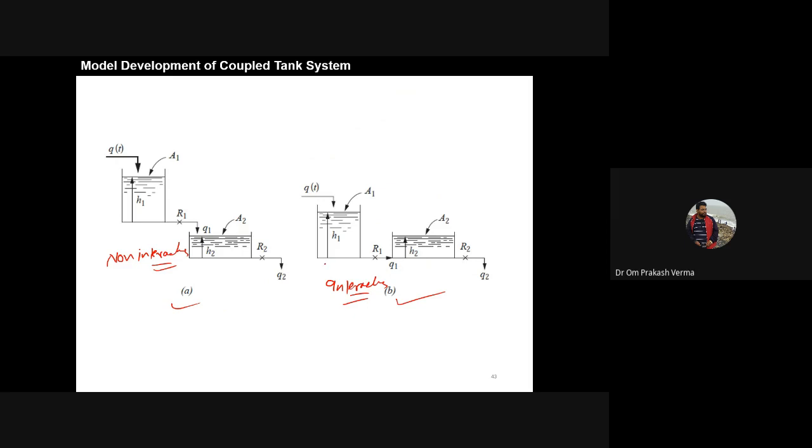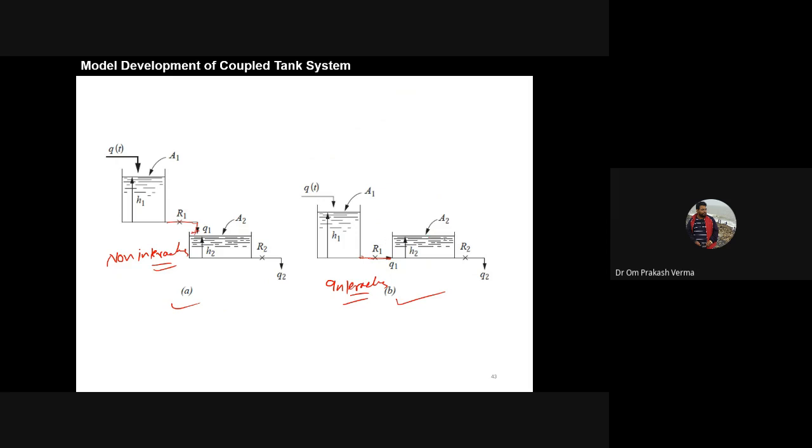The two tanks are connected with each other, but here the output of the first tank, or the input of the second tank, is directly coming from the air. It isn't in direct touch with the air, you can say. However, in this picture, the output is connected through some pipe, and due to this the air is not in direct contact.